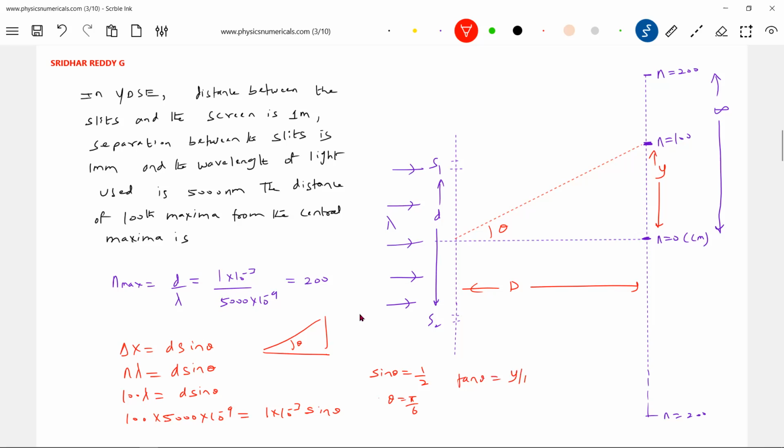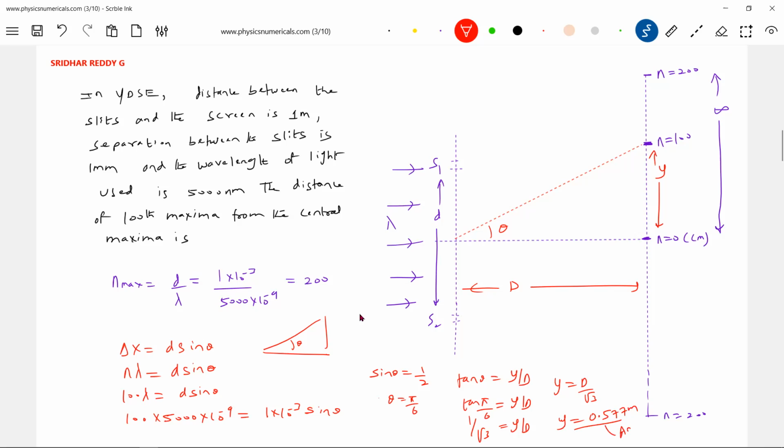Tan theta equal to y by D. So tan pi by 6. Y equal to D by root 3. Tan pi by 6 will be 1 by root 3. So y is equal to D by root 3. When you substitute the value, we get 0.577 meter.